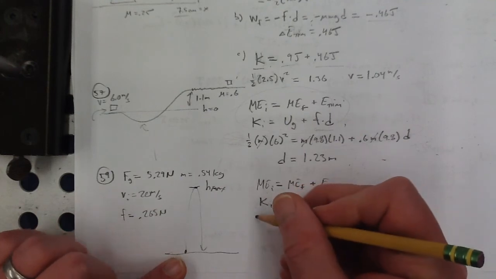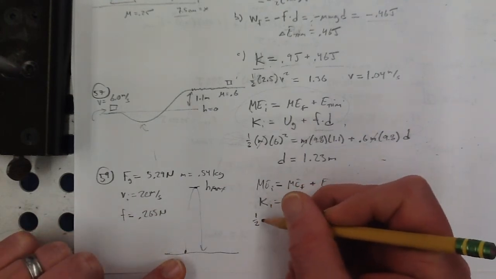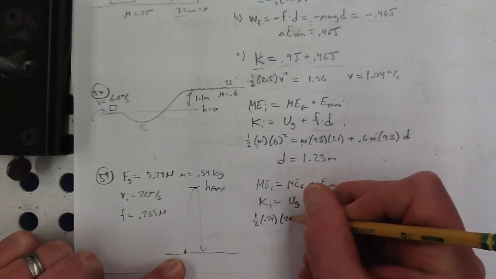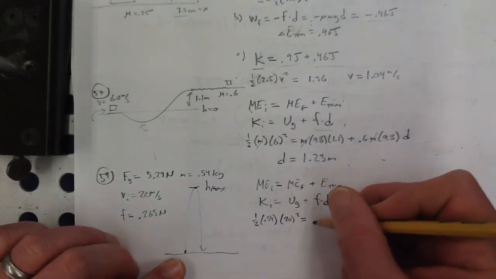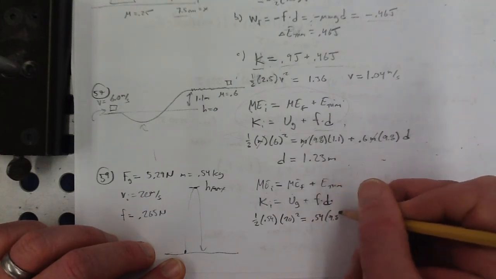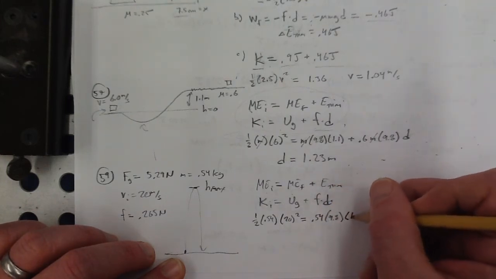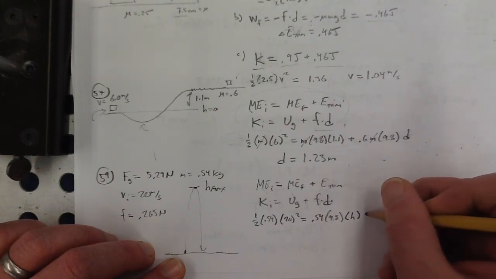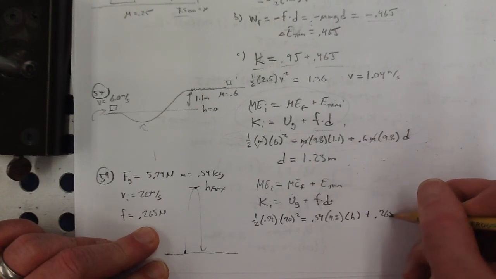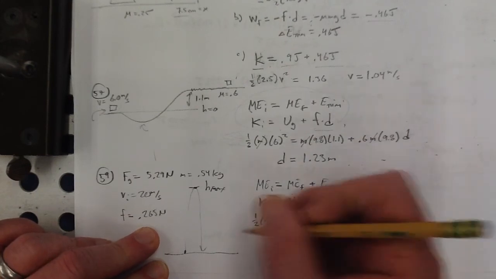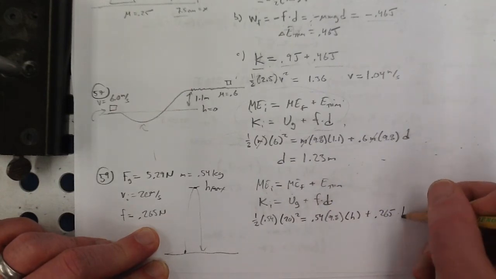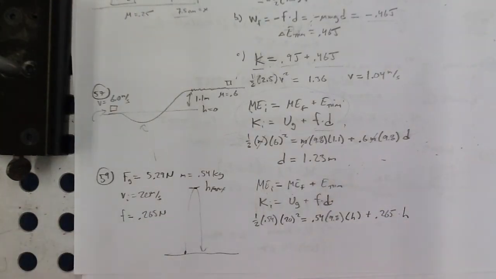So kinetic energy, 1/2 mv squared equals mg h plus the friction force times the distance, force times distance. The distance is the height. So that height is the only missing thing there.